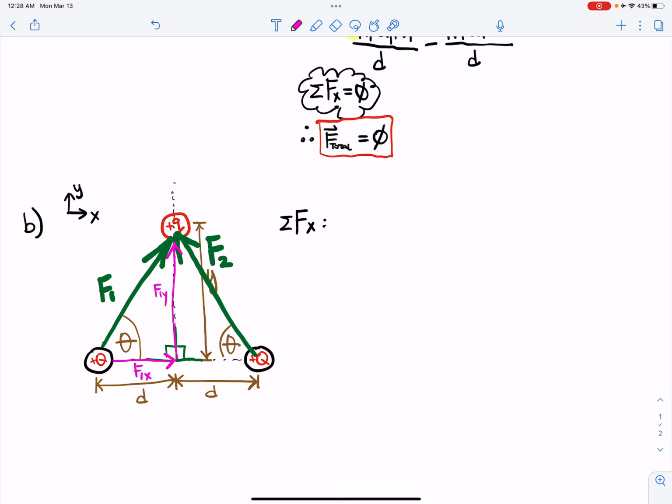And then for F2, I'm going to have an F2x pointing this way, and an F2y also pointing up that way, right? Actually, I guess it'll be the same area where F1y is. So I'll also have an F2y going up, right?